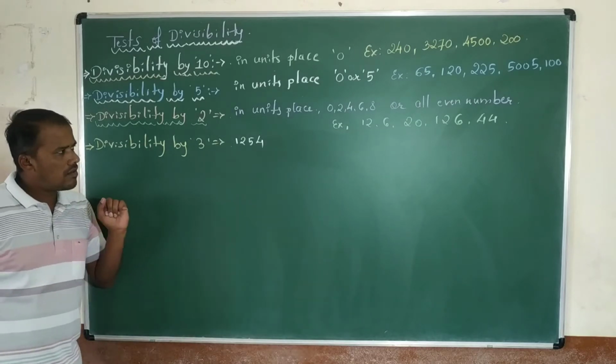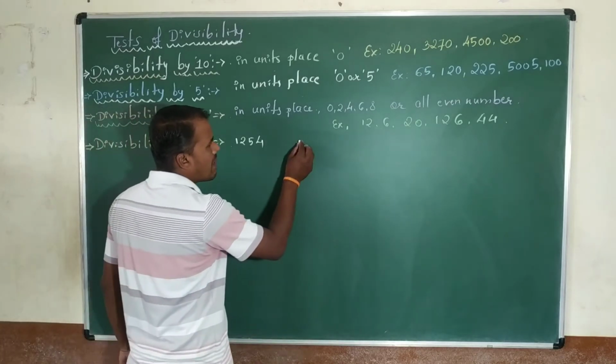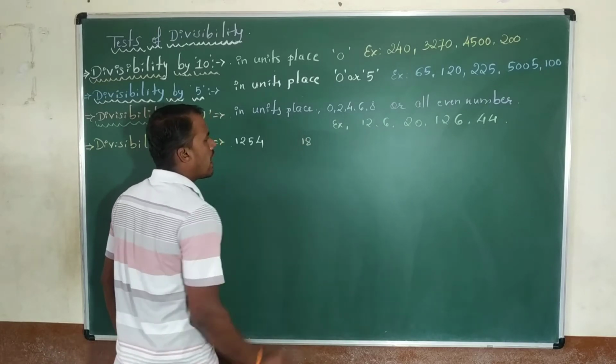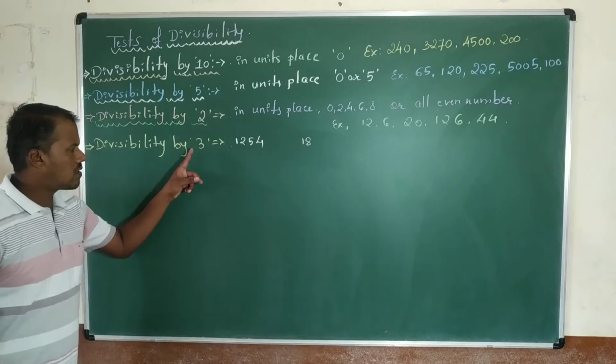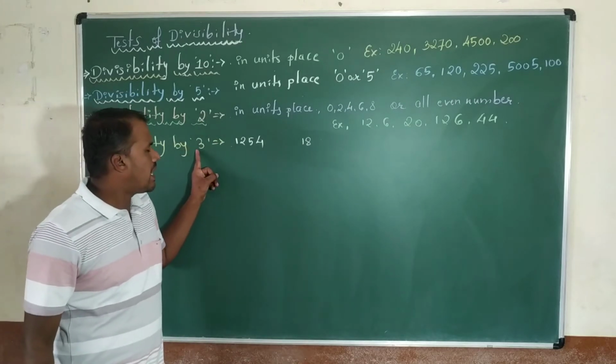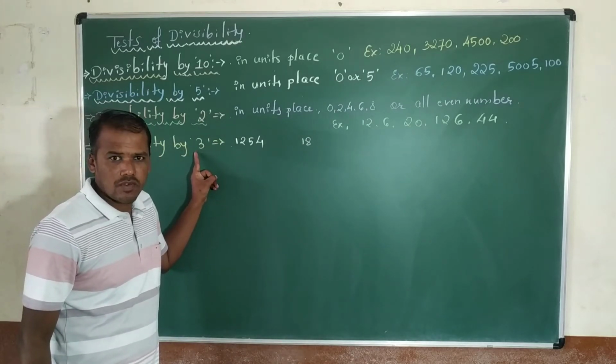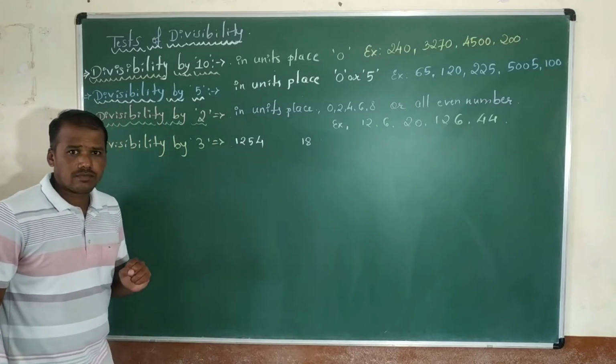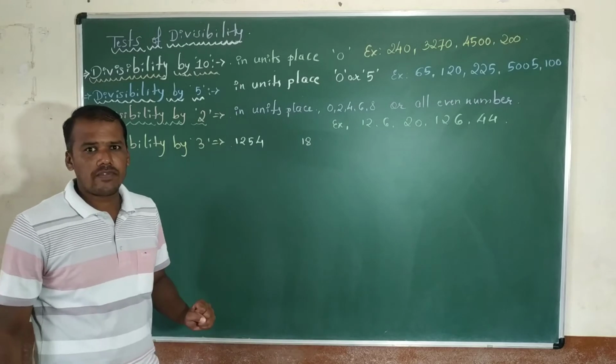Simply we say, if the number is a multiple of 3, for example 18 is divisible by 3 because 18 is a multiple of 3. Similarly, 90 is also a multiple of 3. 87 is also a multiple of 3.